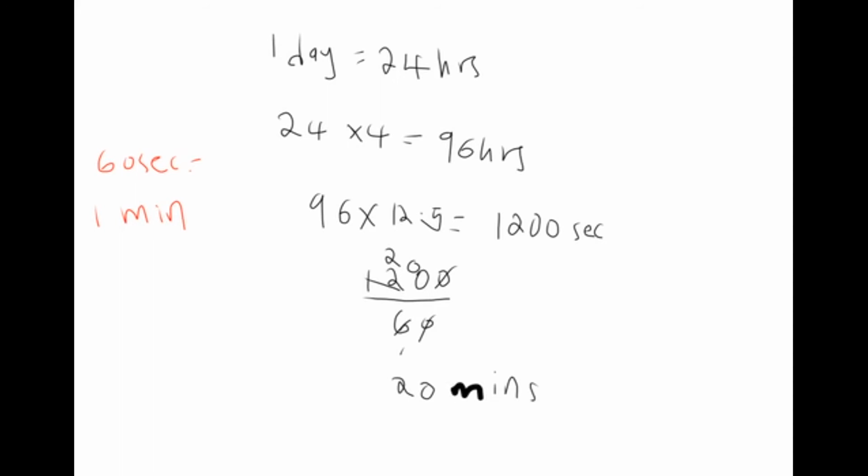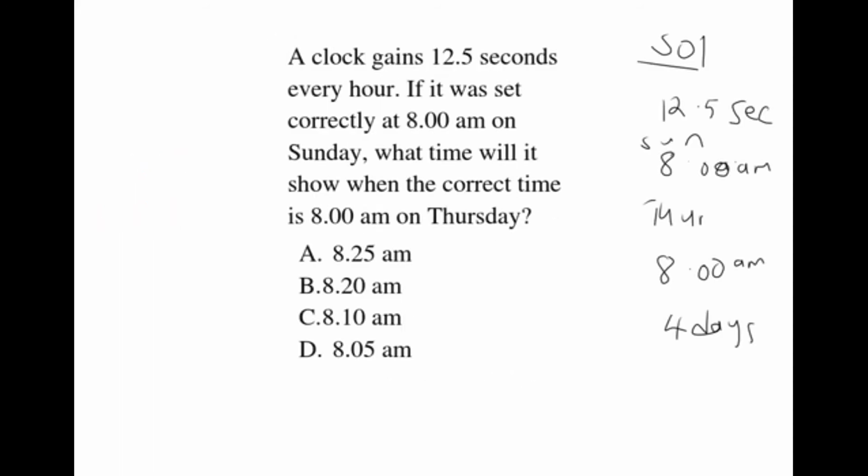Then, from there, we come to the question. We are asked, what time will it show when the correct time is 8 a.m. on Thursday? Now we have got it gained 20 minutes.